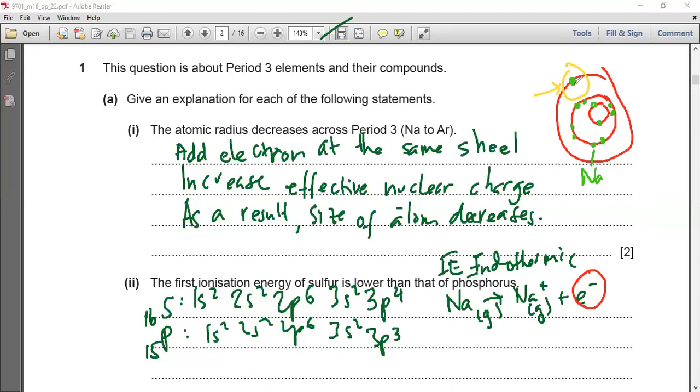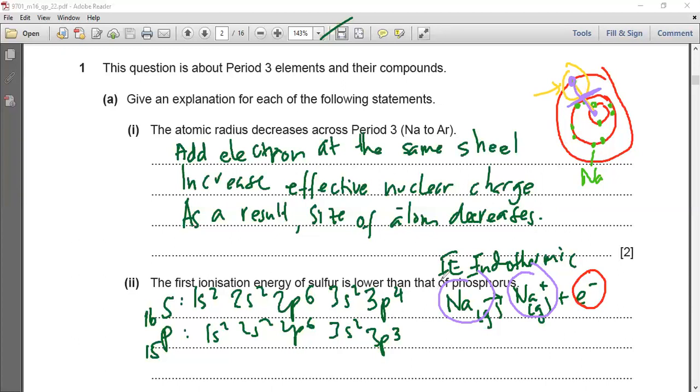This energy is used to weaken the bonding between the valence electron and the nucleus. Once this bond breaks, you can remove one electron. The intention of removing this electron is to make the atom of sodium more stable in the form of Na plus.